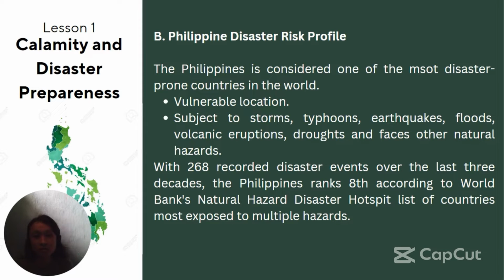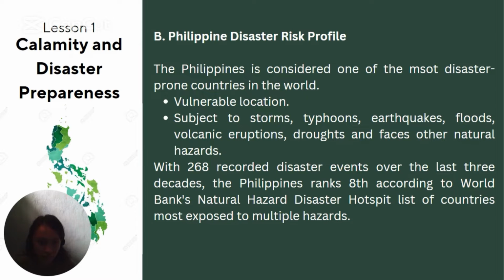So on typhoon belt, of course expected na maka-experience ta og storms, typhoons, floods, etc. And then sa Pacific Ring of Fire, expected na maka-experience ta og earthquakes, volcanic eruptions, and etc. Also pod droughts and other natural hazards.